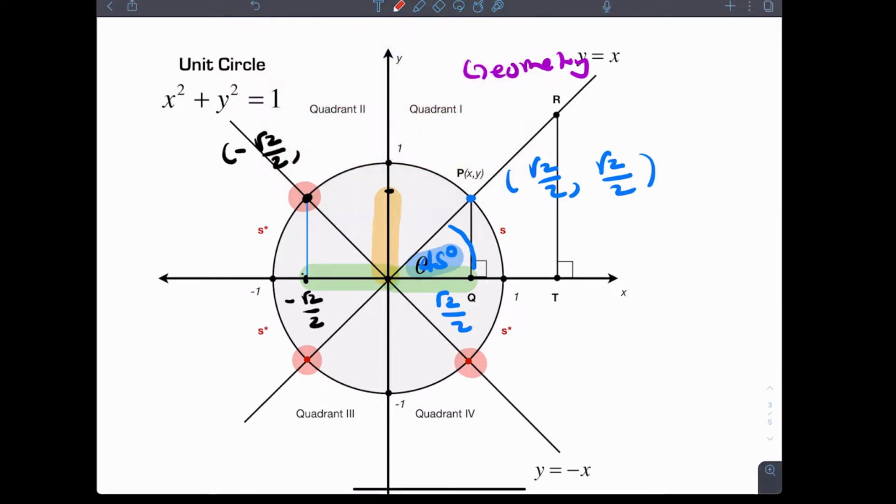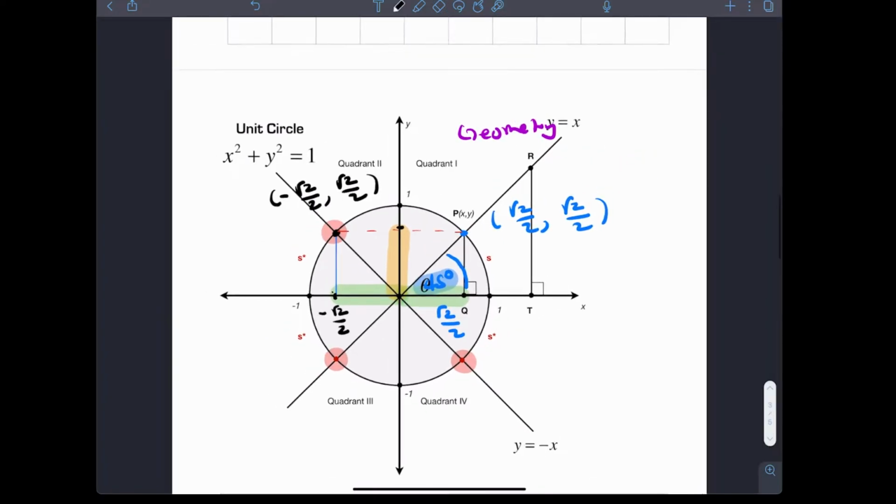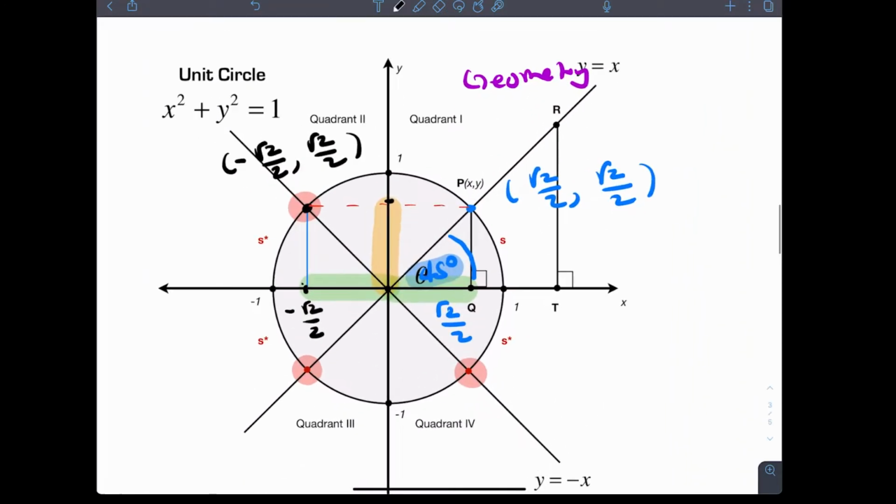That's the same height over here, isn't it? So in other words, that's also square root of 2 over 2. There it is. Because of what's the word? Because of symmetry. It's because of symmetry.